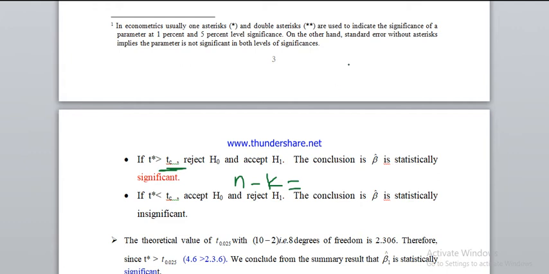Our number of observations is 10. 10 minus 2 becomes 8. The degree of freedom is 8. Degree of freedom means the number of independent values which can be assigned to a statistical distribution.